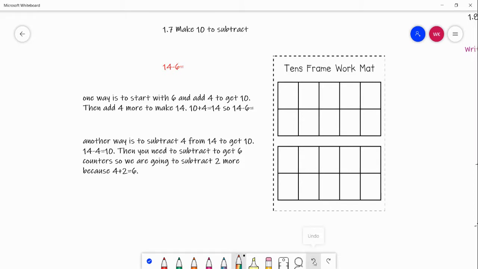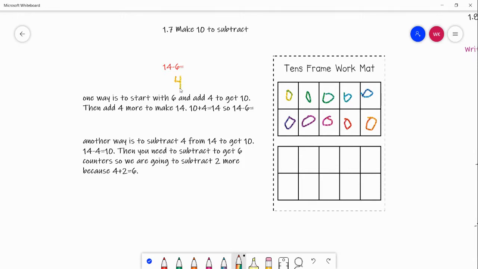And we know 6 plus 4 equals 10. So I'm going to go ahead and go 1, 2, 3, 4, 5, 6, and then we are going to be adding 4 more because we know 6 plus 4 equals 10. I'm going to put a 4 right there.